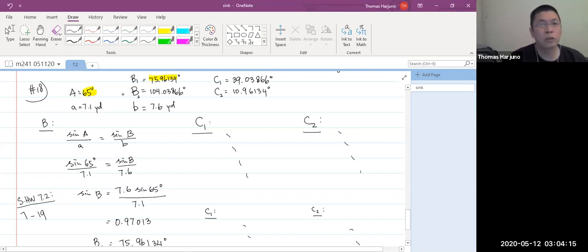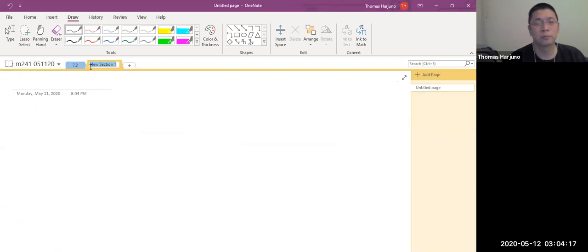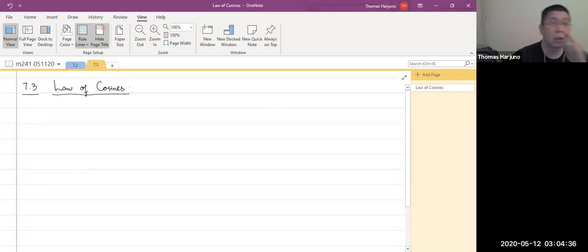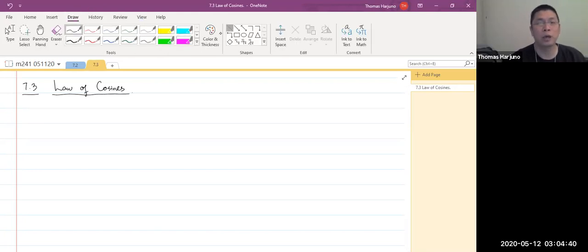Now 7.3, Law of Cosines. What it says is the following. Suppose we have a triangle.